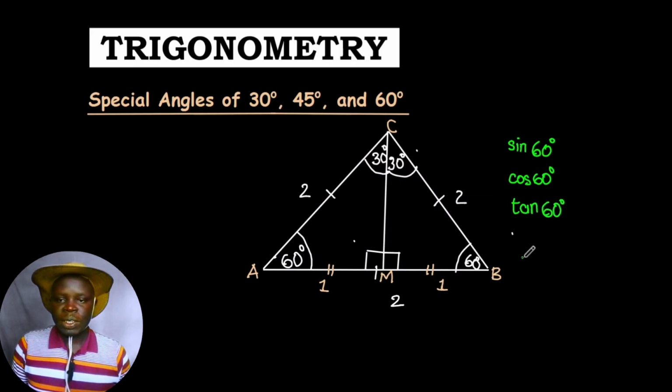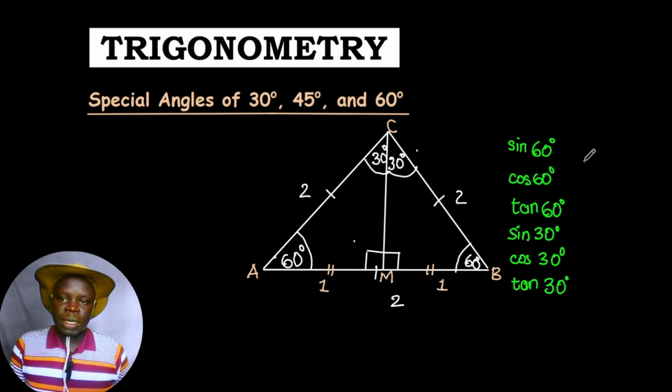Then for the angle 30 we have sine of 30 degrees, cosine of 30 degrees, and lastly tan of 30 degrees.